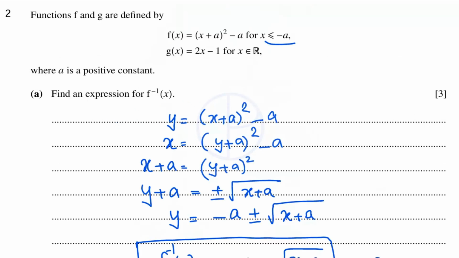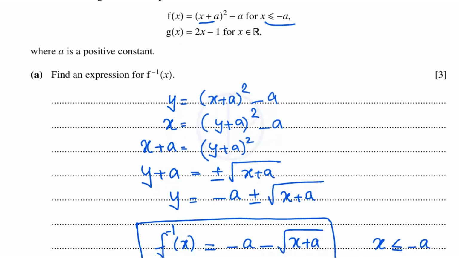When you substitute x less than or equal to negative a, when you substitute x as negative a, this term will become 0. So you will get f of x is negative a.